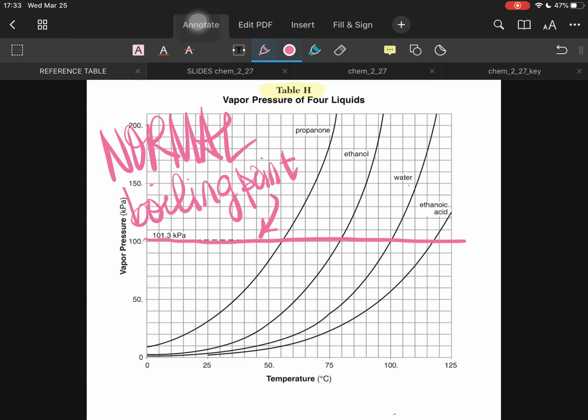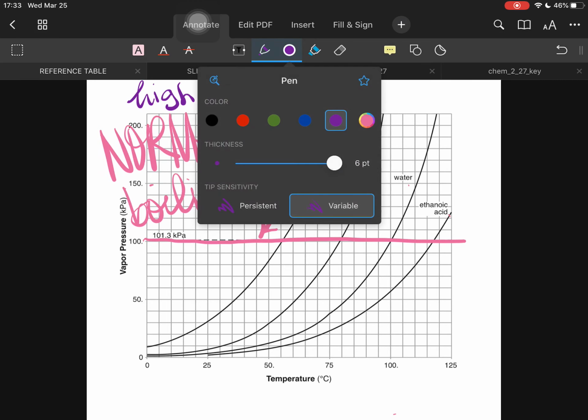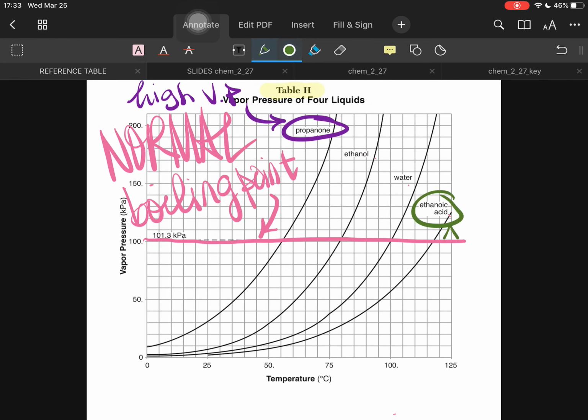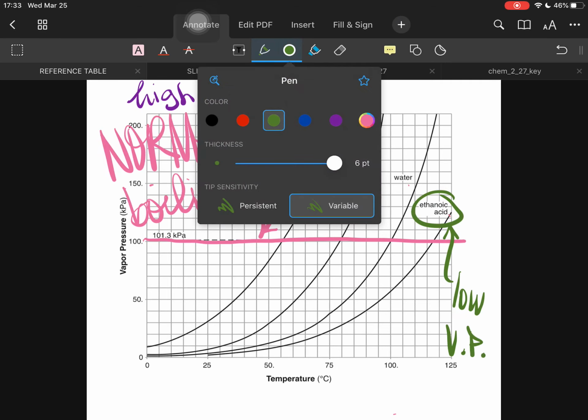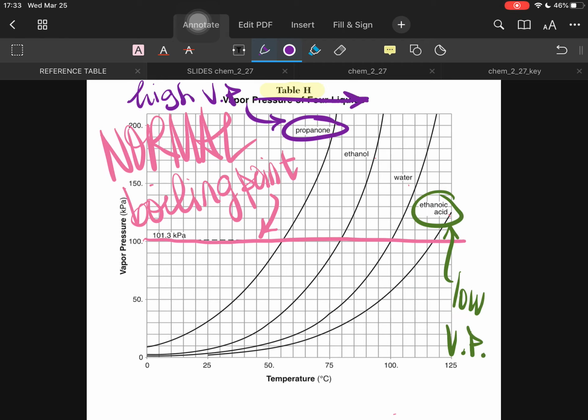And we're going to have high vapor pressure and low vapor pressure. And the higher the vapor pressure, the lower the boiling point. And the lower the vapor pressure, the higher the boiling point.